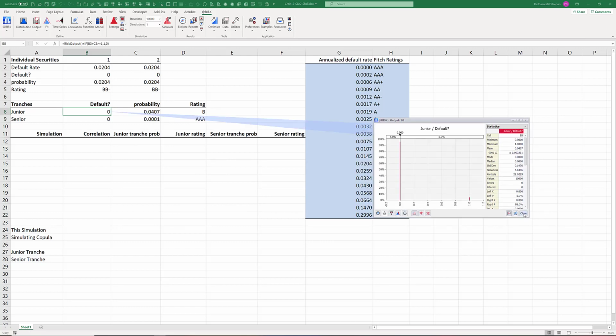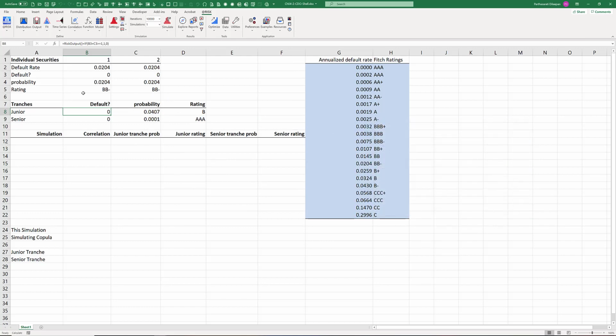Now you see that when you take the assets individually, it comes out to be the same as what we started out with, which is what we expect.